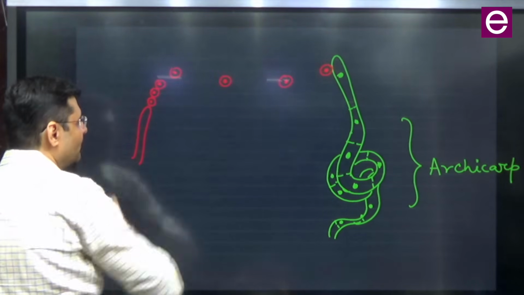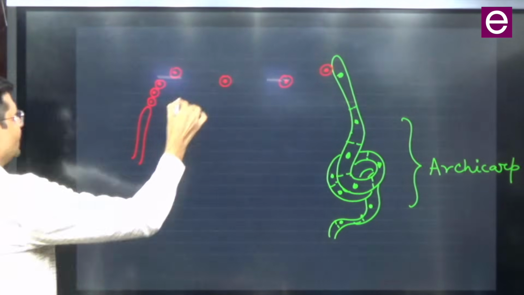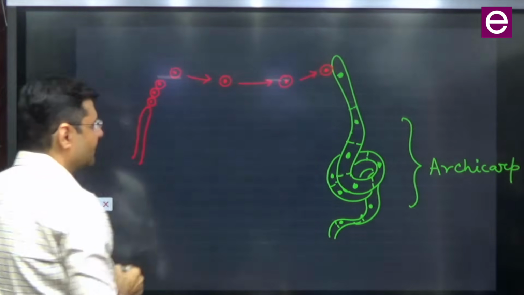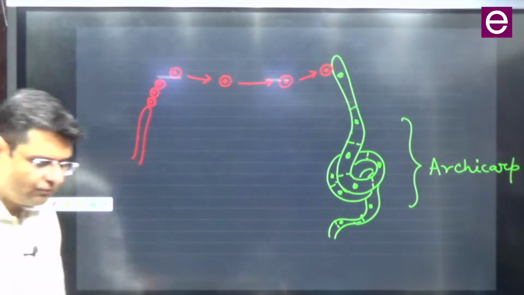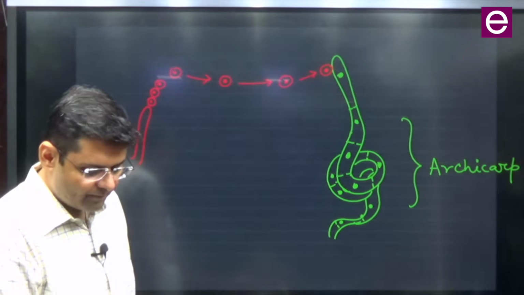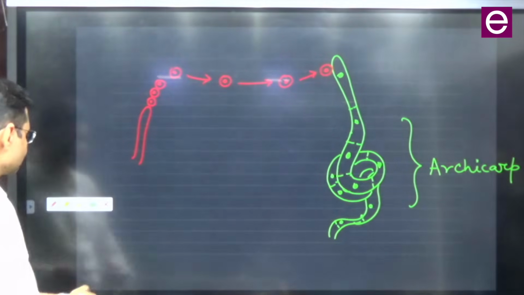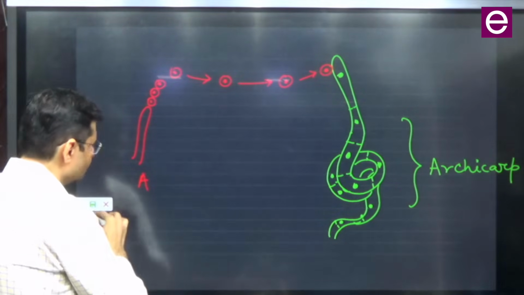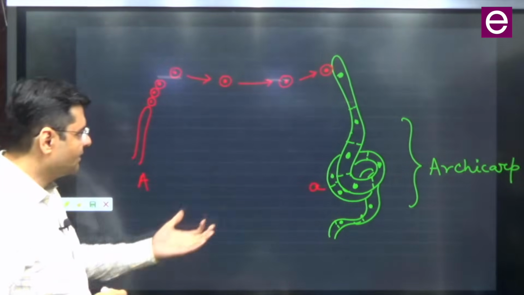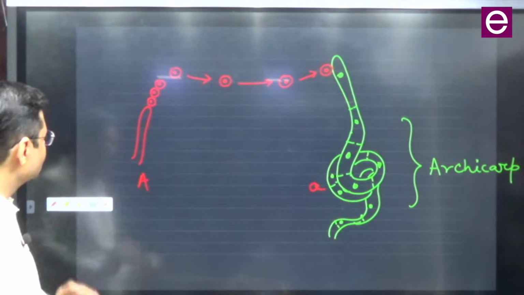So spermatia will be produced by other mating type, hence in different color, right? And then it will be fusing together. So this is A type and this is small a type.